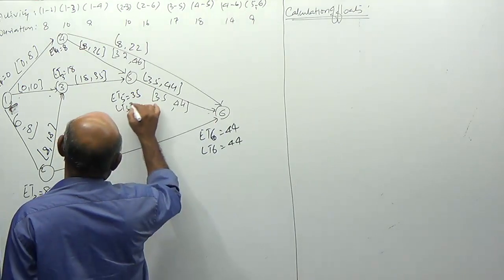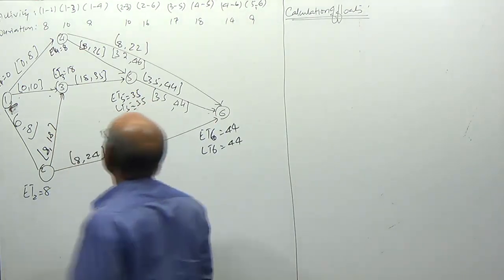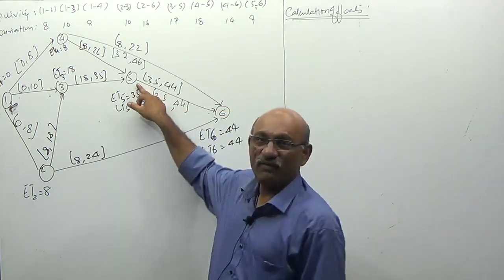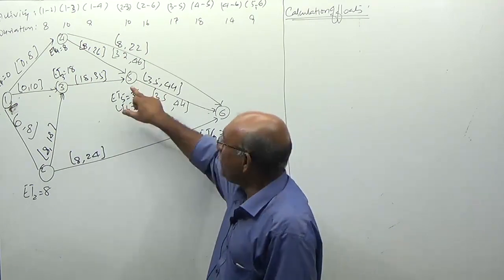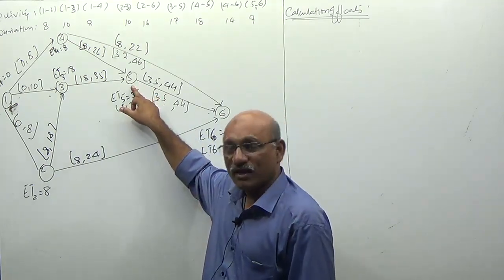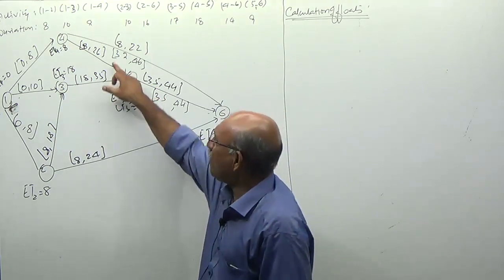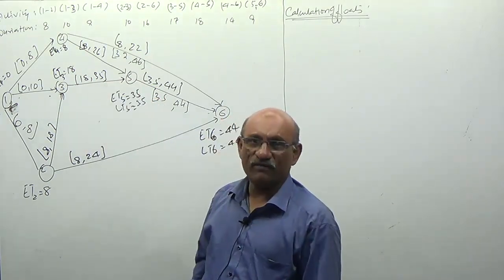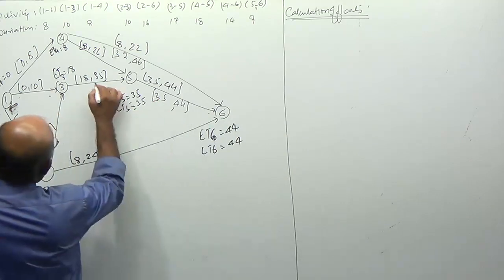So, latest timing of 5 is 35. To be at node number 5 on the 35th day, you have to complete these 2 activities on the 35th day.